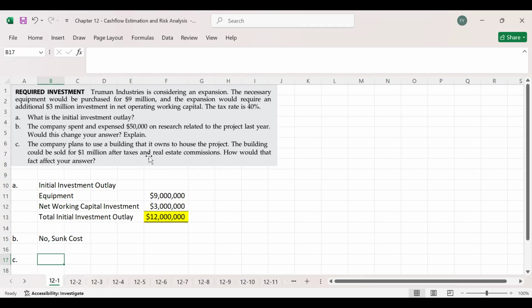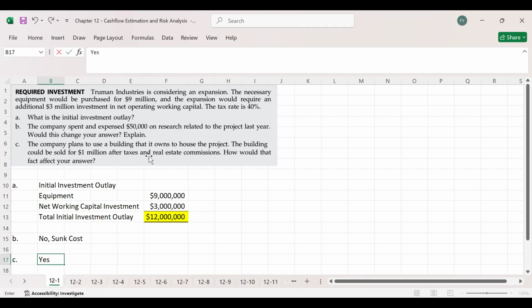So this means that this is an opportunity cost. The potential sale of the building, which is $1 million, represents an opportunity cost of conducting the project in that building. Therefore, the possible after-sales price, which is $1 million, must be charged against the project as a cost.